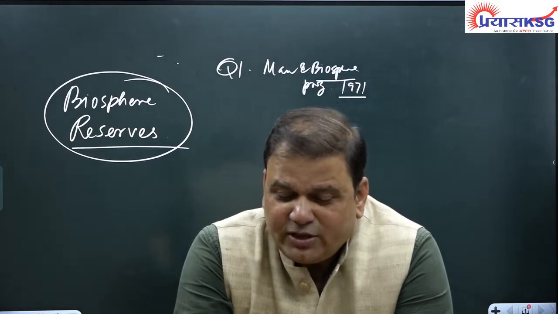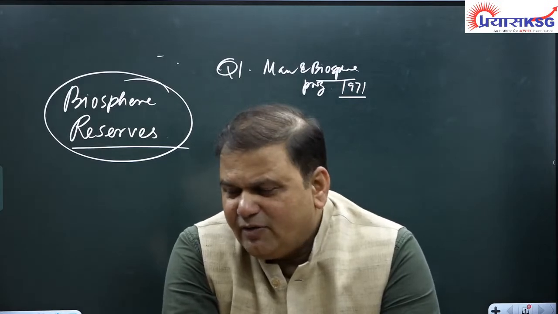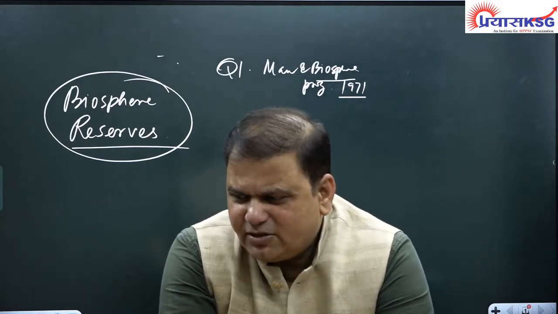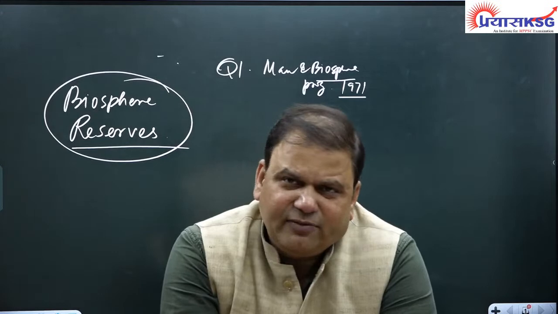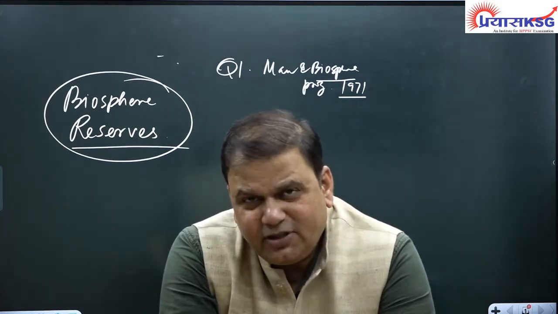Fine. And not only that, we are also using traditional land use patterns for cultivating which do not hamper the environment in any way. So that is also our cultural diversity.